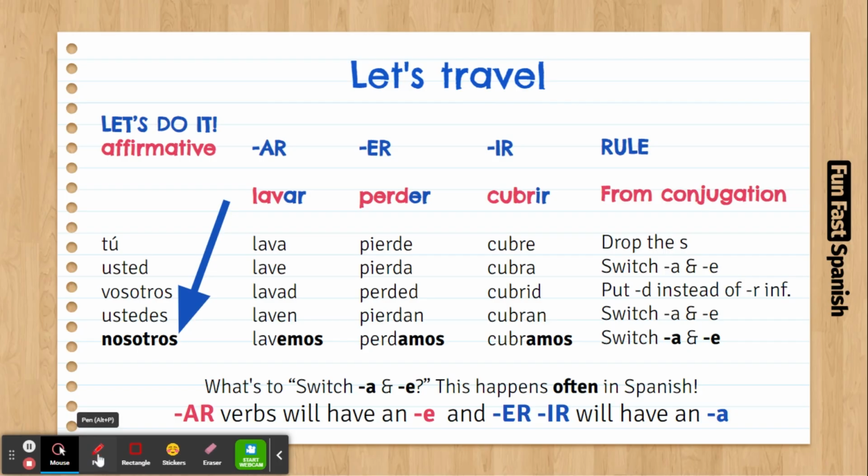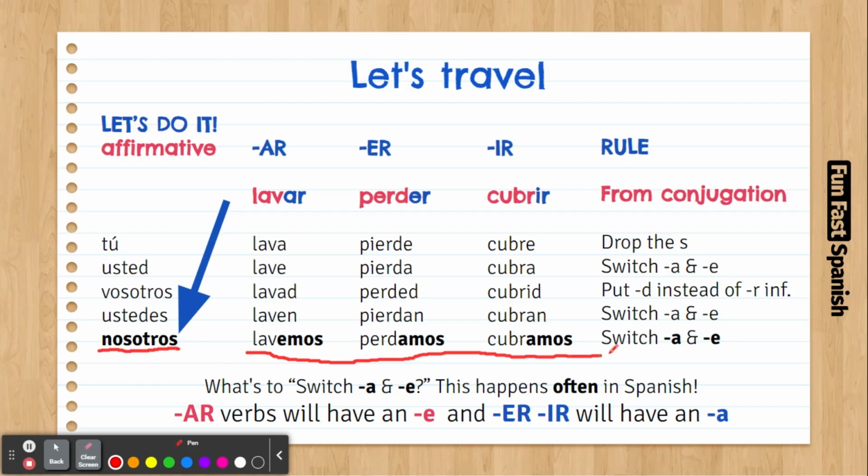Because we're going to use only the personal pronoun nosotros, and here is where we're going to focus, in the nosotros part. The rest is just the imperative for the other personal pronouns. But when we talk about the imperative of nosotros, that's when we use the let's. When we want to say let's do, let's not do, then we are going to use the imperative of nosotros.